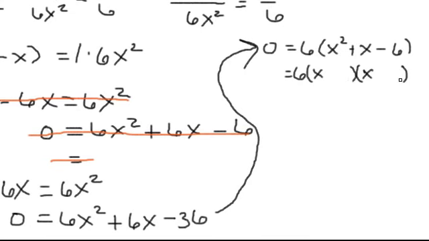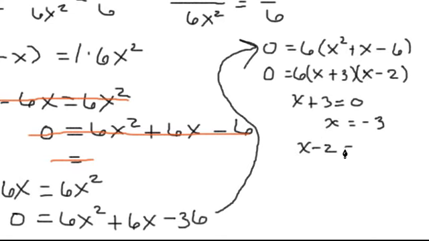And let's see, 2 and 3, but we need a positive, so it's going to be a positive 3 and a negative 2. So now what we're going to do is set each one of these factors equal to 0. We don't have to worry about this 6 here. So we have x plus 3, we set that equal to 0, and we solve that linear equation and we get negative 3. x minus 2, set that equal to 0.